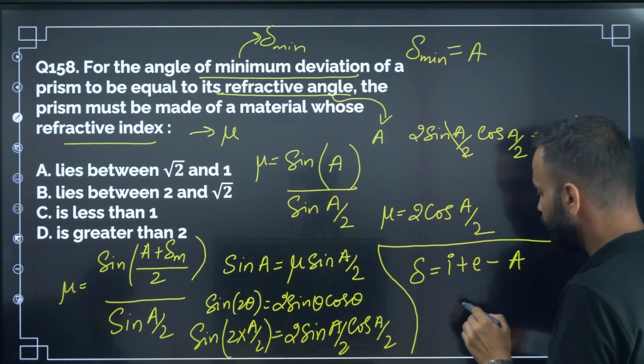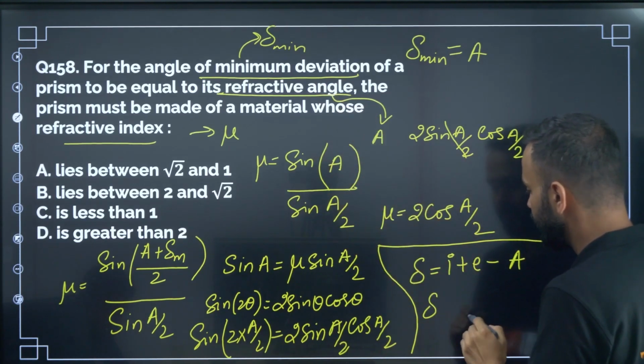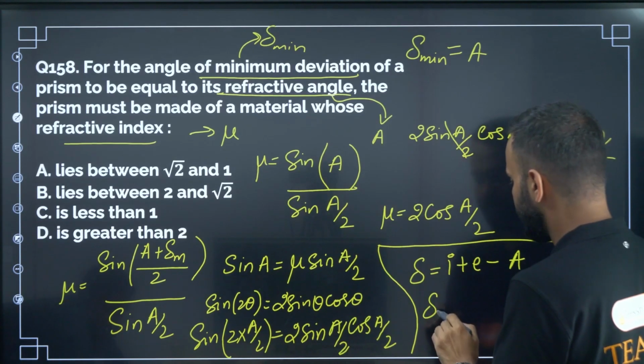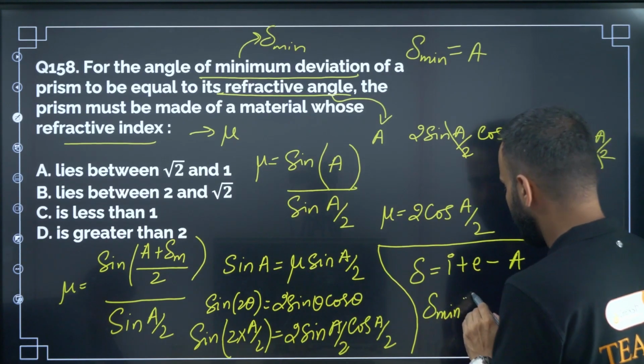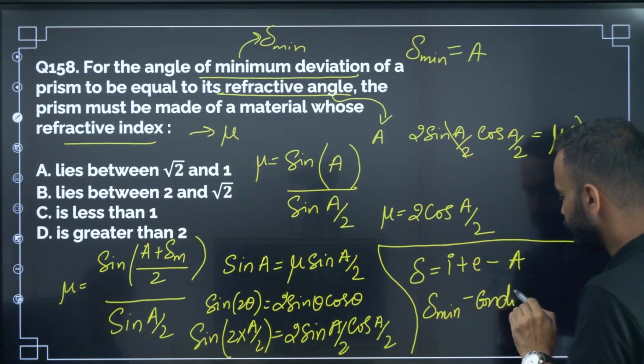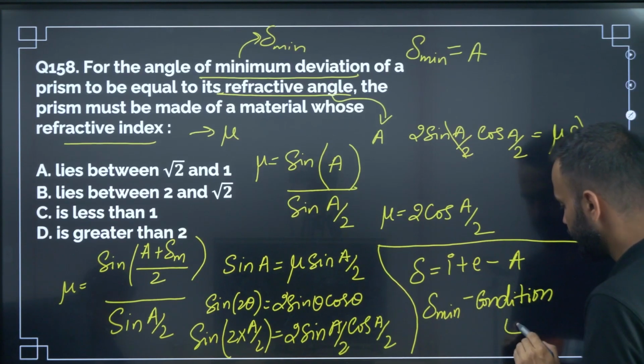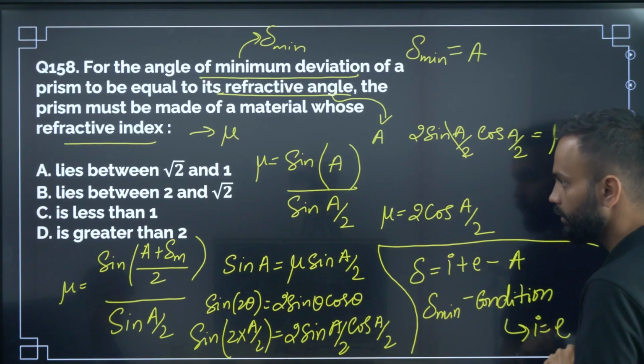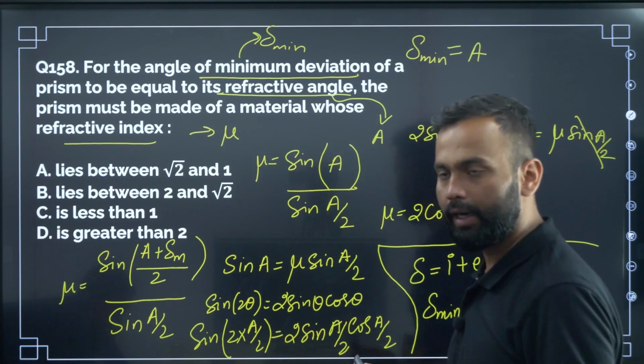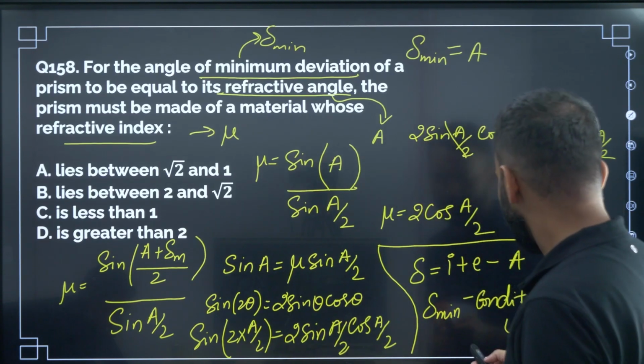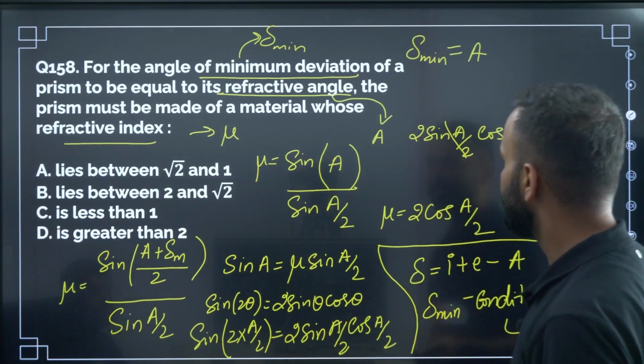The condition for minimum deviation is I equal to E.